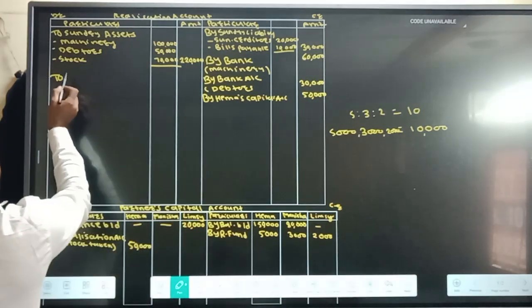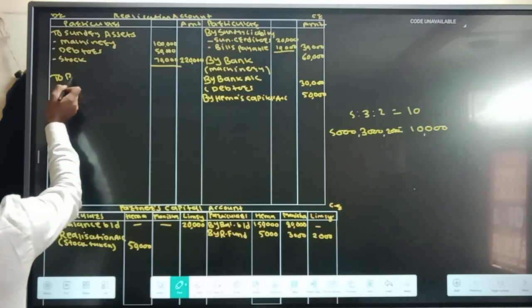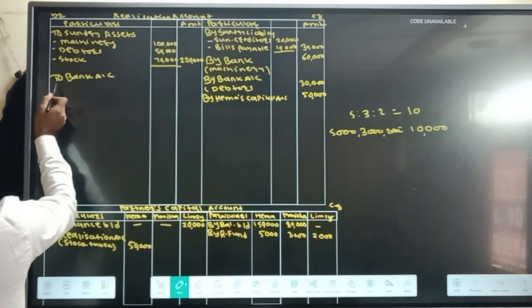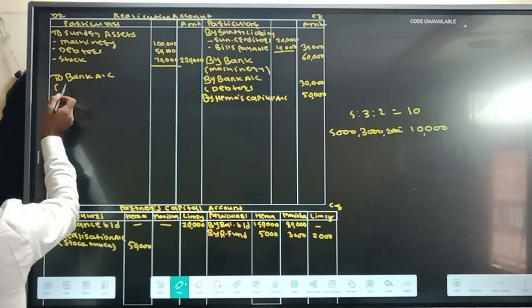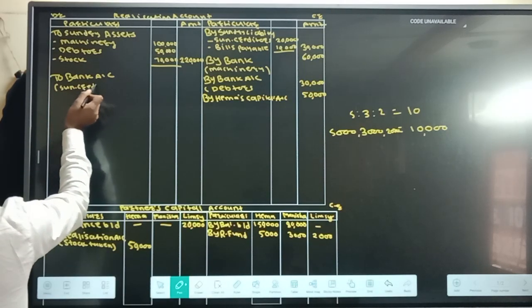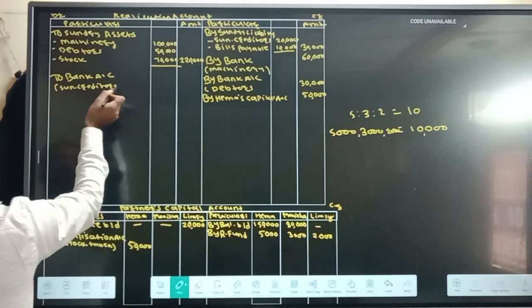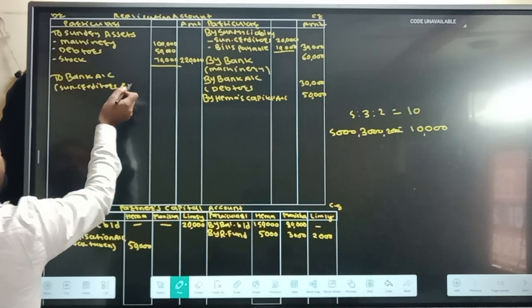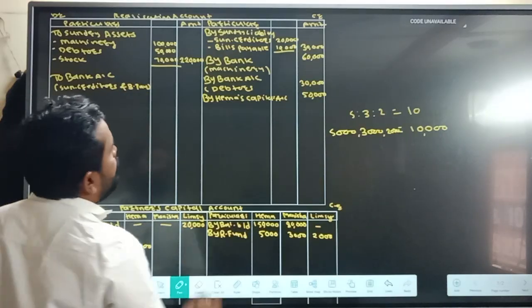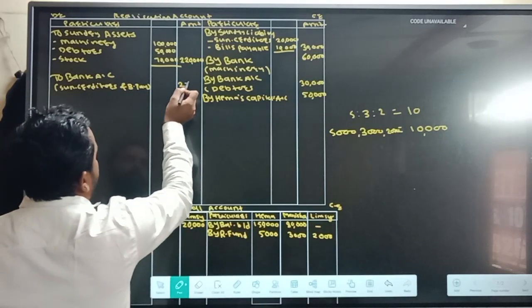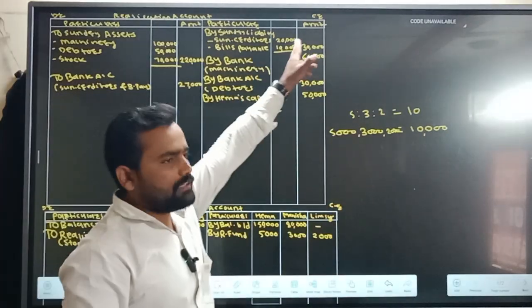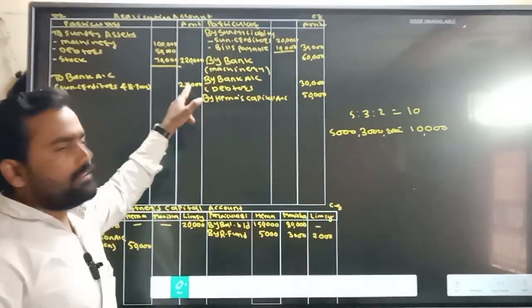Okay, write down to bank account, in bracket sundry creditors and bills payable, amount 27,000. 30,000 minus 3,000 is 27,000.